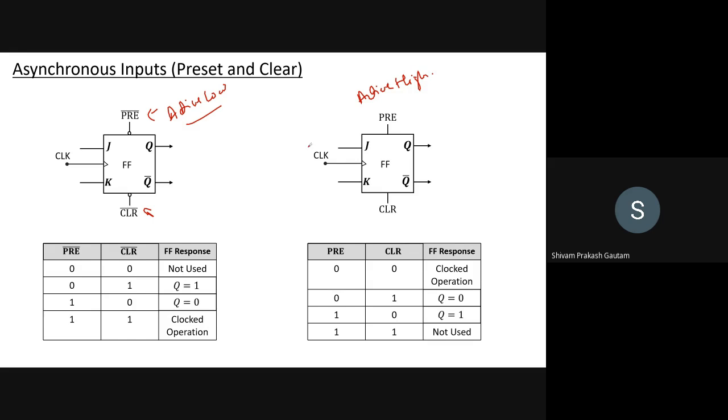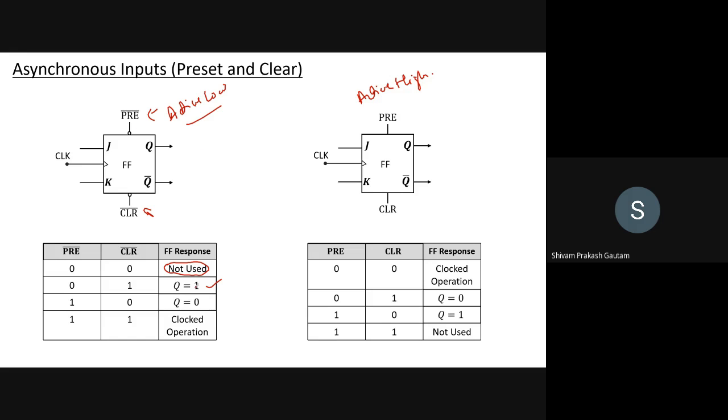When both are 0, this state is not used, because this is active low. When preset is 0, the flip-flop will set itself. The output of the flip-flop will always be 1, irrespective of the inputs J and K, irrespective of the clock, irrespective of everything.